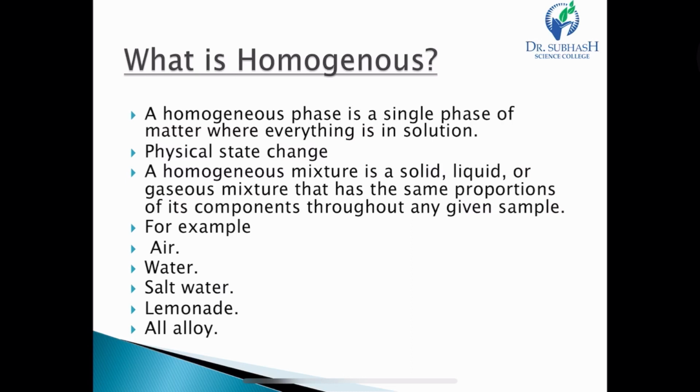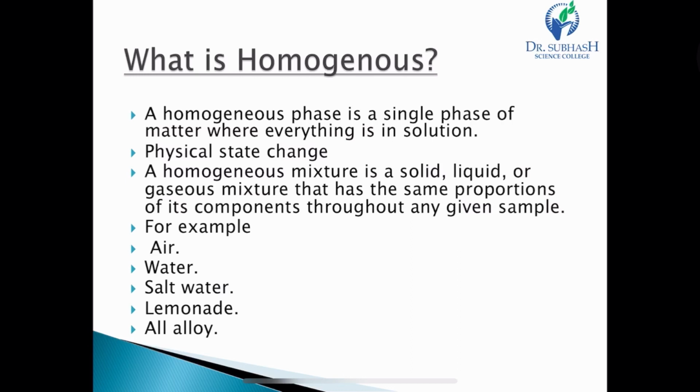That is, what has only one phase, what can we call it? Homogeneous, right? For example, air. There are many O2 here, N2 here. We cannot identify this portion is O2 and this portion is N2, okay? So air is throughout one phase.